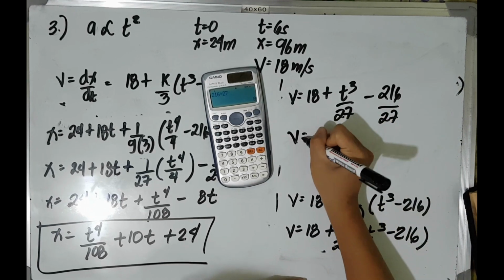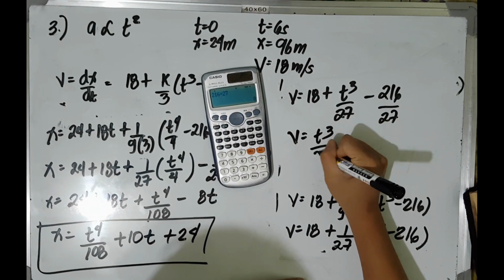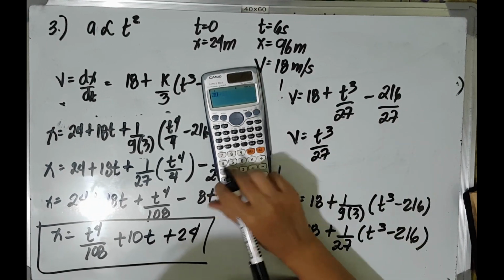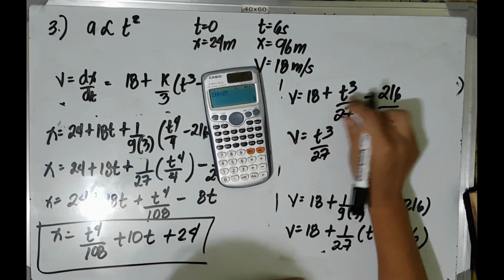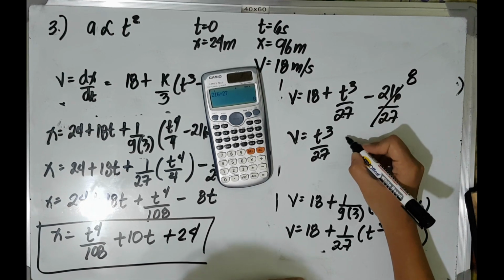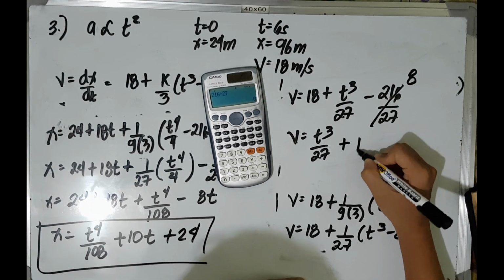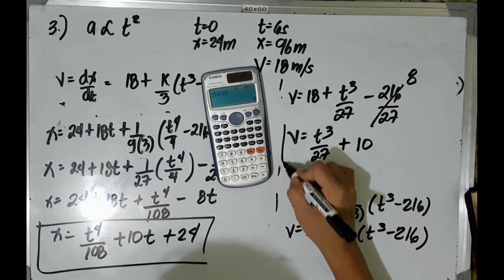Therefore, t raised to 3 all over 27 plus 10. So this would be our equation for velocity.